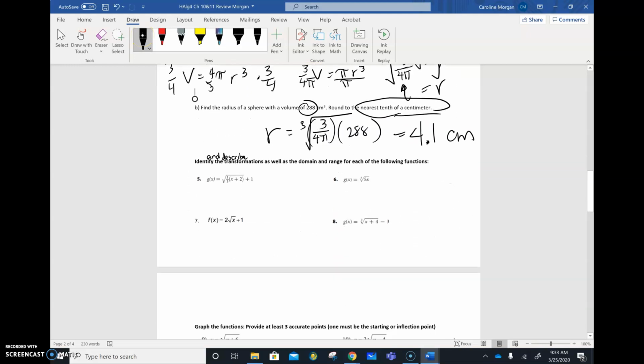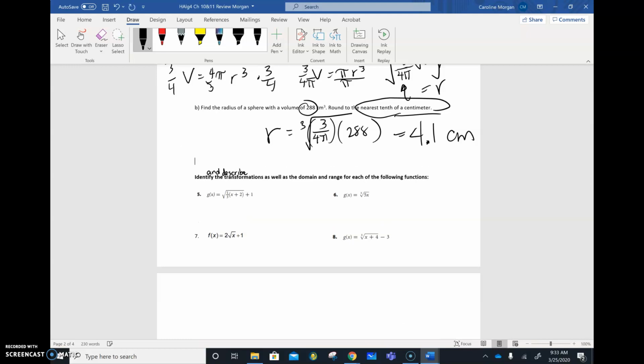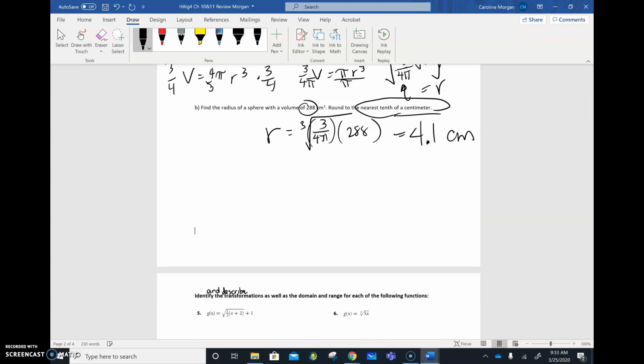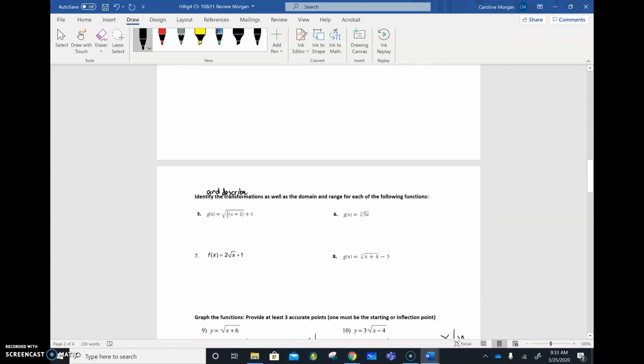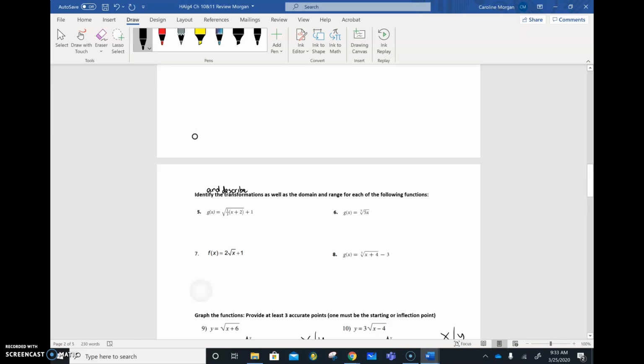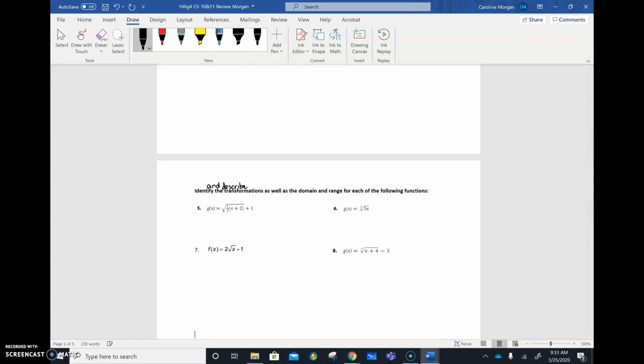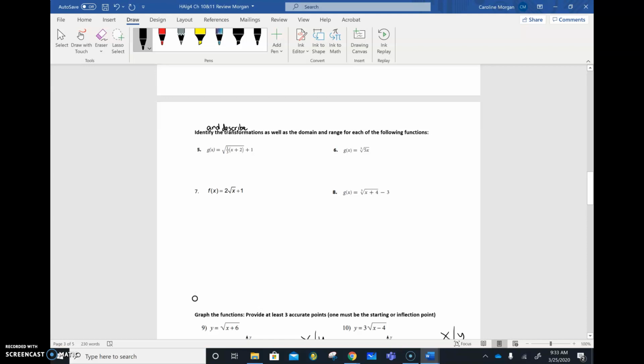It says identify and describe the transformations as well as the domain and range. I'm going to bring this to the next page. So, we're going to need room, but let's see what we can do. I'm going to start with 5. Let's look at our transformations. Well, A is 1. Nothing to worry about there. B is 3, isn't it?